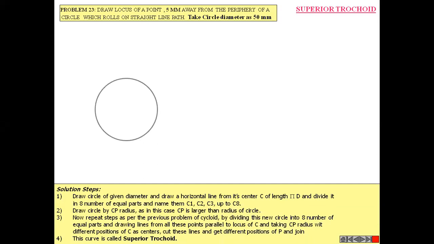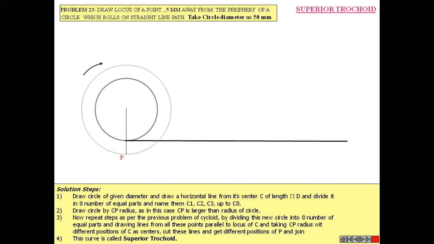Draw a circle with 50 mm diameter as shown. Then draw a directing line whose dimension is equal to the circumference of this rolling circle.